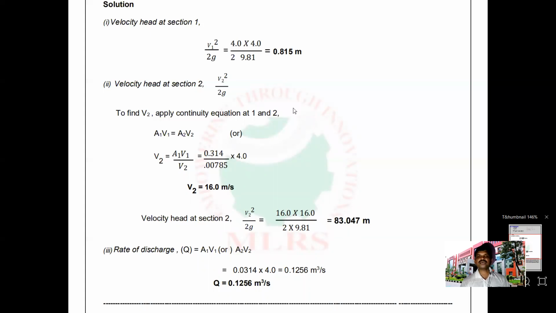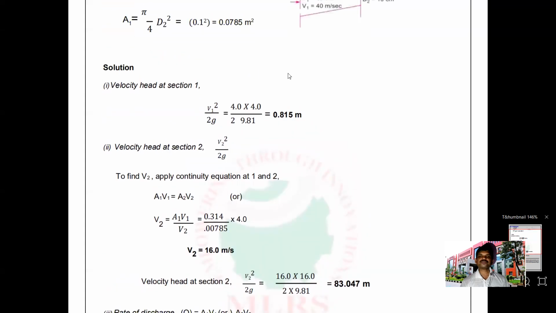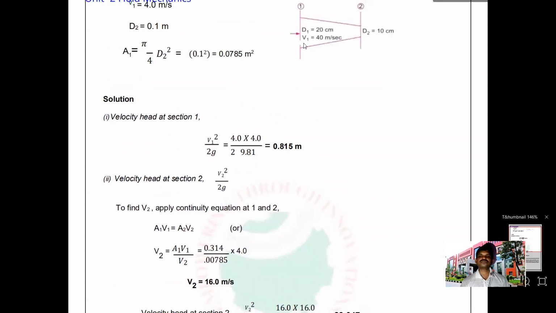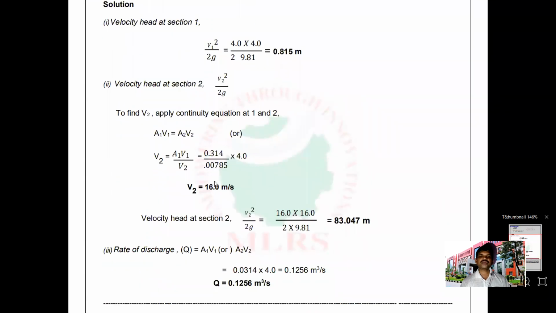So you can see the difference. V1 square by 2g is very, very low. The head is very low. Why? Because the diameter is large. D1 is 20 centimeter. But V2 square by 2g compared to V1 square by 2g is huge: 0.81 here, but 83 here.